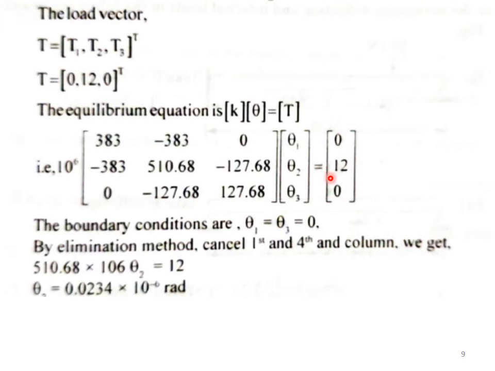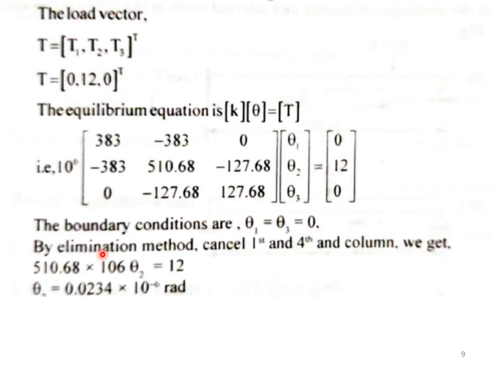Since it is fixed at both ends, that is first node and third node both are fixed, we eliminate the first row, first column, last row, last column. So what will be remaining is just 510.68 into theta 2 is equal to 12. 510.68 into 10 to the power of 6, theta 2 is equal to 12.